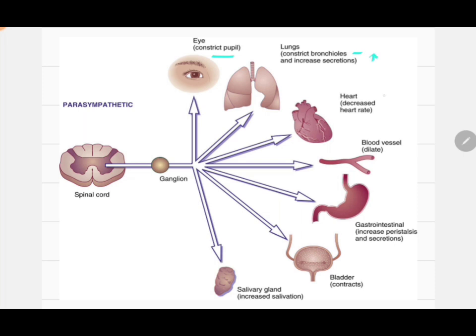On the heart, they have a negative chronotropic and negative inotropic effect. In the blood vessels, there will be dilation. In the GIT, the motility will increase, which means there will be increased peristalsis and increased secretions. In the bladder, the contraction of the muscles will aid the process of voiding. In the glands, the secretion will be increased. So this is the summary of the parasympathetic nervous system.